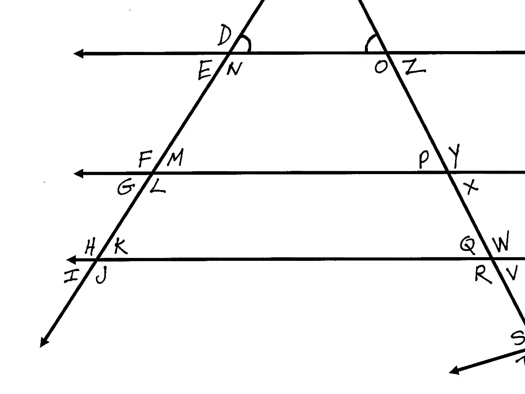Now there are special relationships between the angles formed by these parallel lines. We're looking specifically at lines Q and R. There are four new angle types that you need to learn. The first are called alternate exterior.